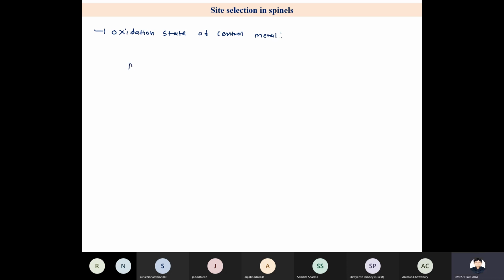See here, oxidation state is suppose plus 2. Then this is a distance between ligand and metal. And if you increase oxidation state, that is plus 3, so this is the attraction force between these two. So what happens if you increase oxidation state? Then what's about attraction? Attraction will increase. Yes, attraction between metal and ligand increases. What's about repulsion? Repulsion is also increases. Repulsion, that is repulsion of electrons of metal with electrons of ligand.